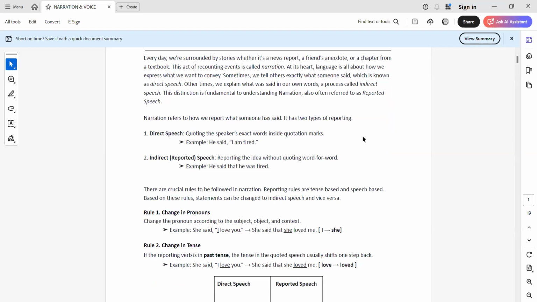So when two people talk about the third person in the exact same quoted words, then it is direct speech. And if we talk about the other person in our own language, that is indirect speech.